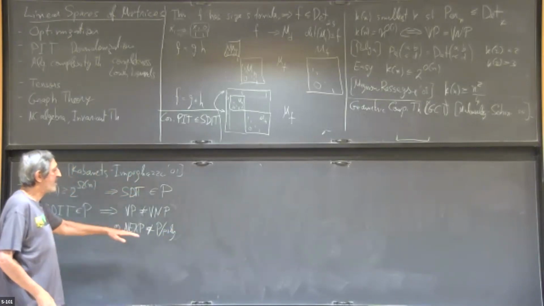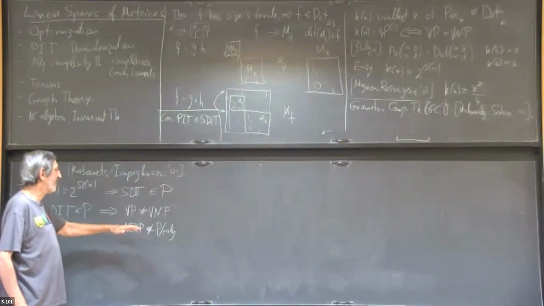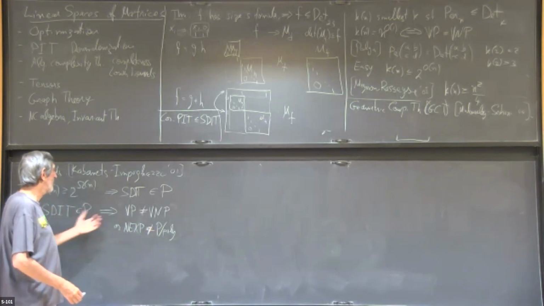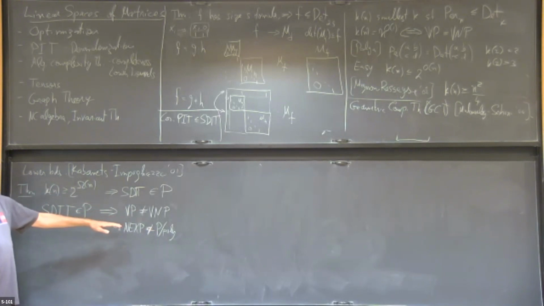You get some unknown and long sought after lower bounds in Boolean complexity. So it turns out that they only derive an alternative, but anyway, de-randomization implies hardness.